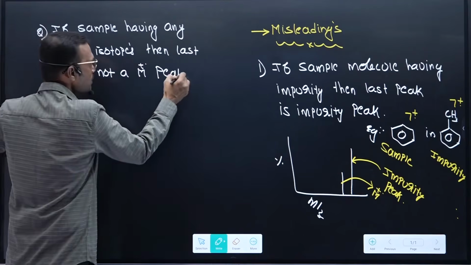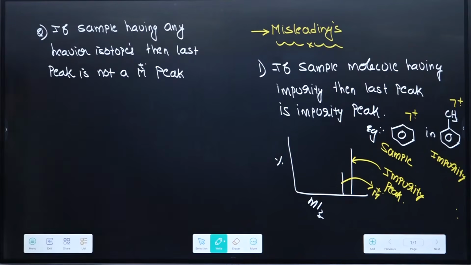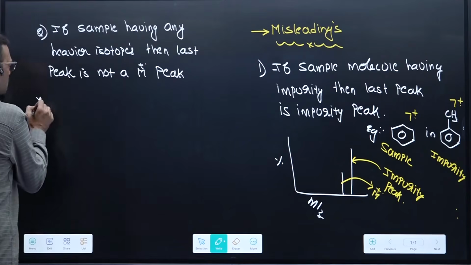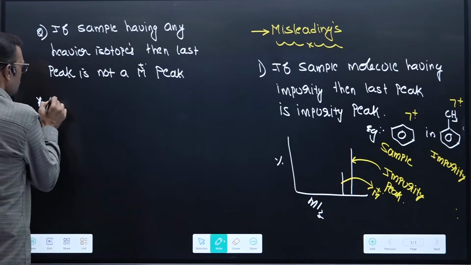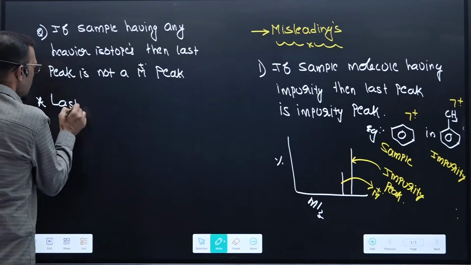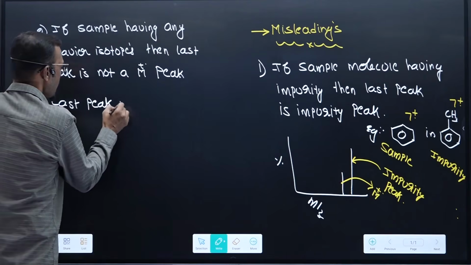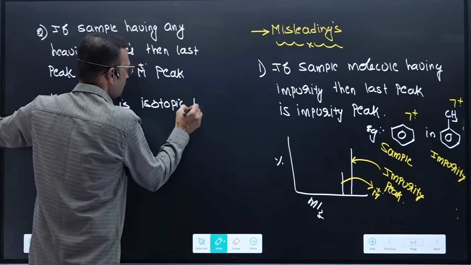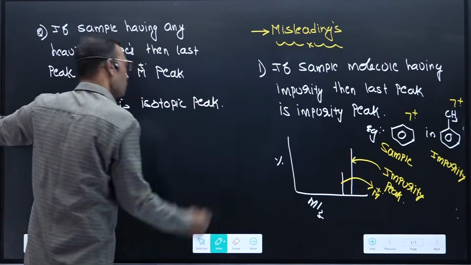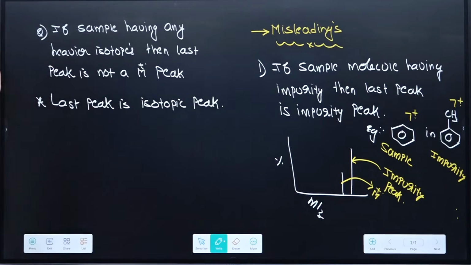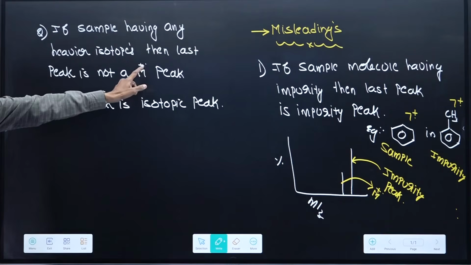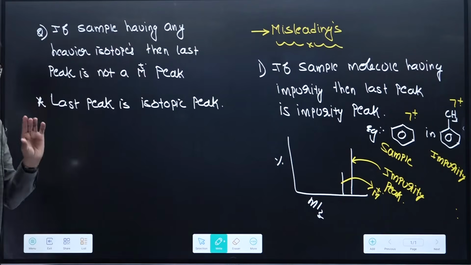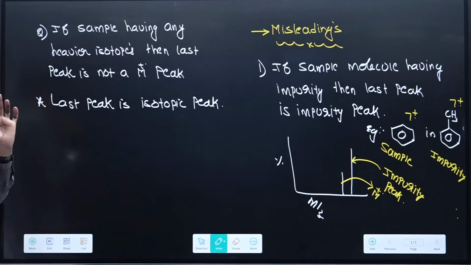At that time the last peak is an isotopic peak. So isotopic peaks appear after the molecular ion peak. Remember, the last peak is an isotopic peak. So always, M values are calculated with the lighter isotope only.